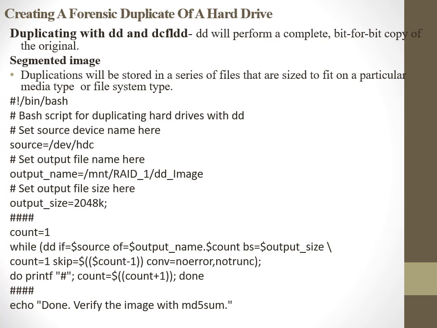On the screen, it's simply showing us how one can create a forensic duplicate of a hard drive, duplicating using the DD command or duplicating using the DCFLDD. This is just for you to have an appreciation of how you can create a forensic duplicate of a hard drive using the data duplicator or the Department of Defense DCFLDD.